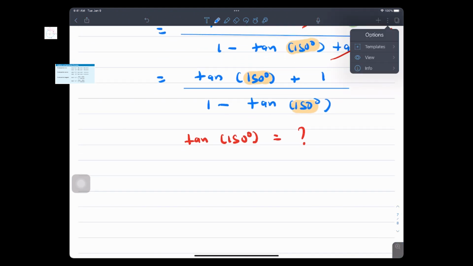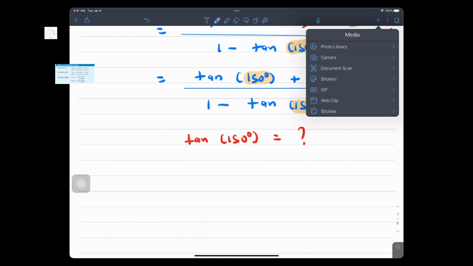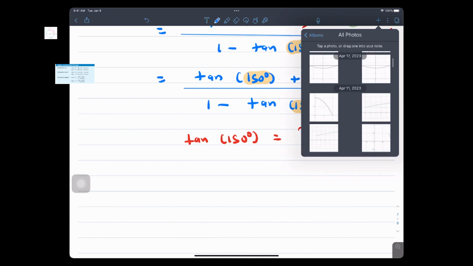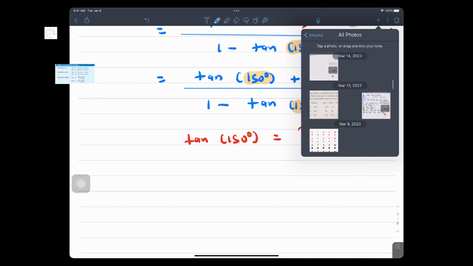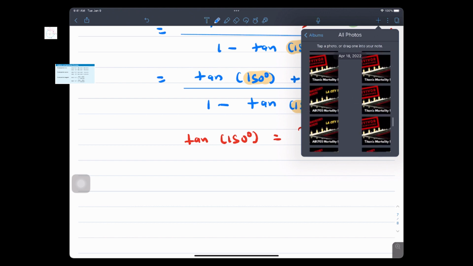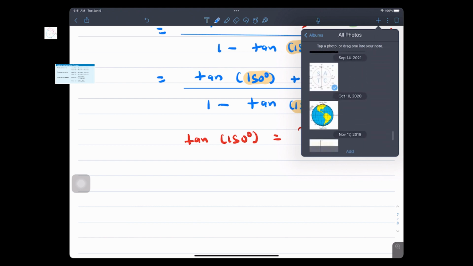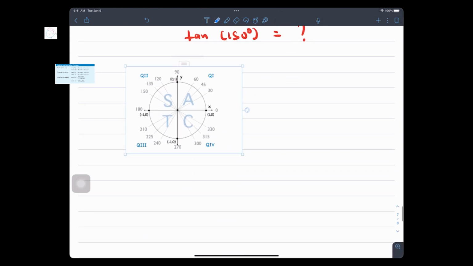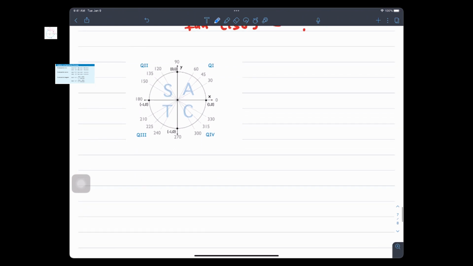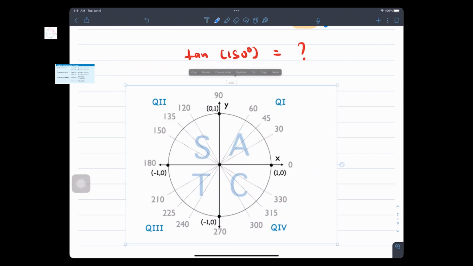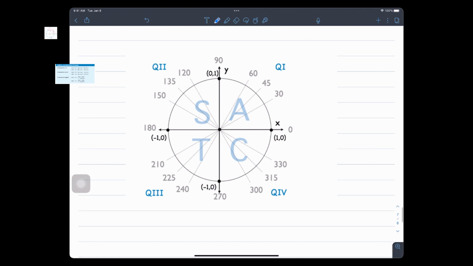Let's find it. See if we can make this bigger. So you remember this, tangent of 150?